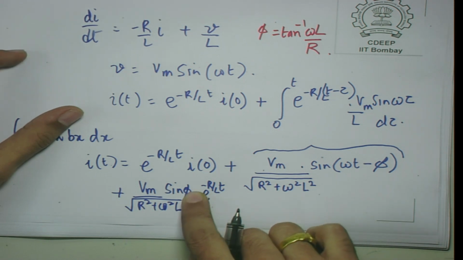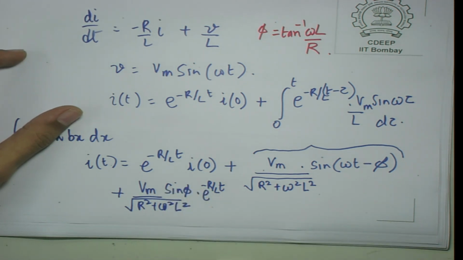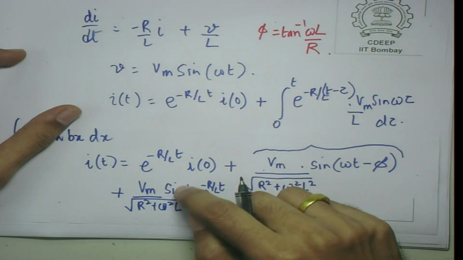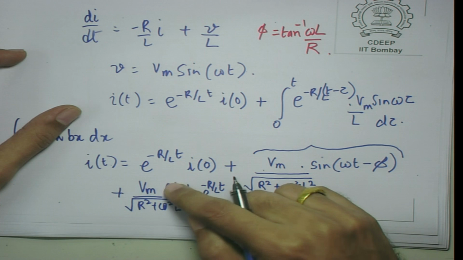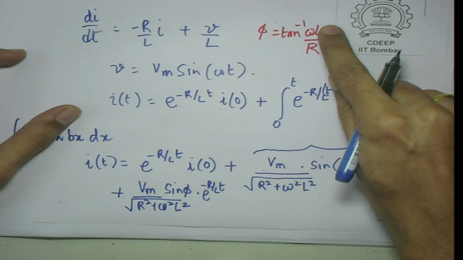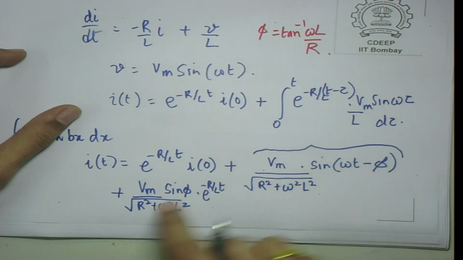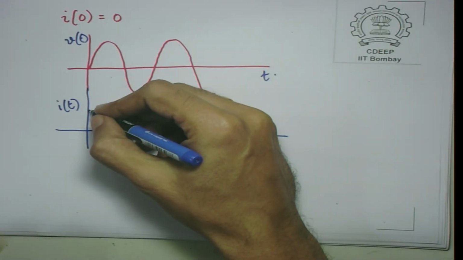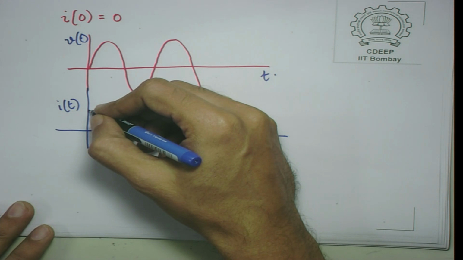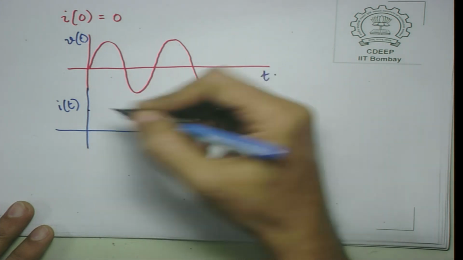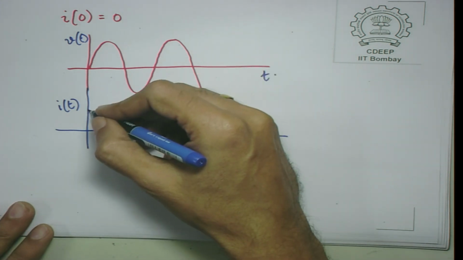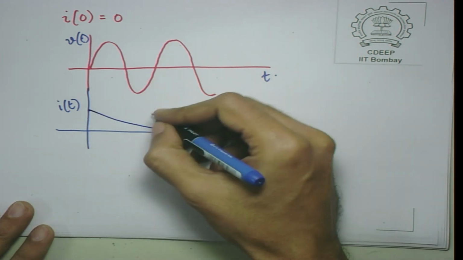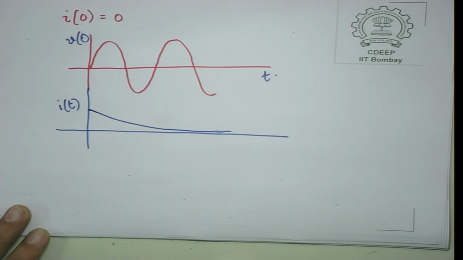So, depending on the value of phi, if you assume this is say 45 degrees, then this will be 1 by root 2. Suppose phi is 45 degrees, depends on the values of L, R and omega. Then what you will get is a term which starts as Vm by root 2 divided by square root of r square plus omega square L square, which dies down with time, and the rate of decay of course is dependent on the value of r by L.